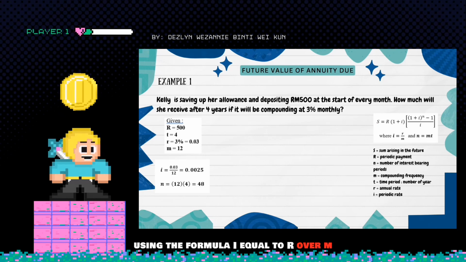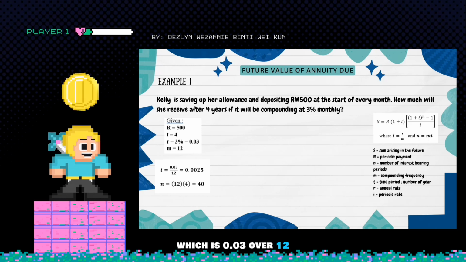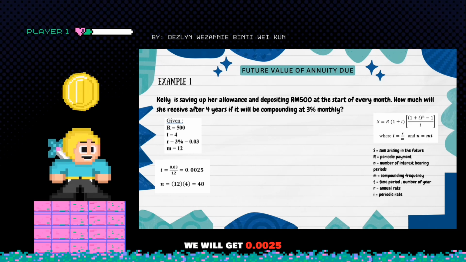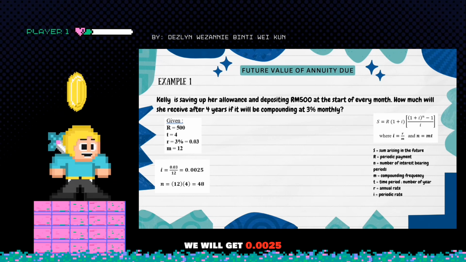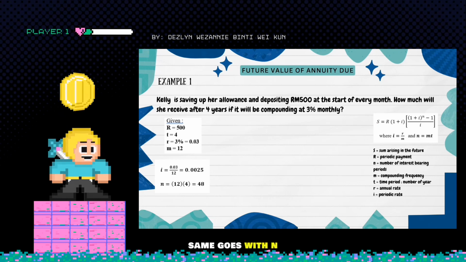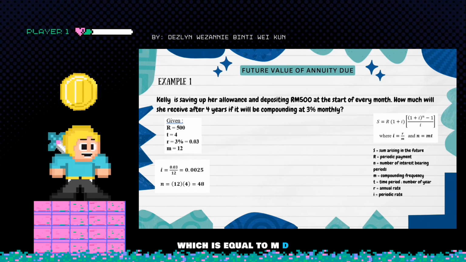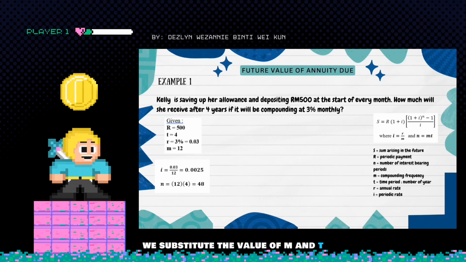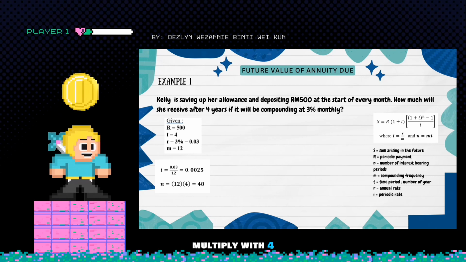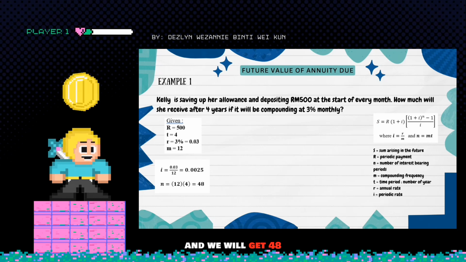Using the formula I equals R over M, substitute R and M, which is 0.03 over 12, we will get 0.0025. Same goes with N, which is equal to MT. We substitute the values of M and T, which is 12, multiplied by 4, and we will get 48.